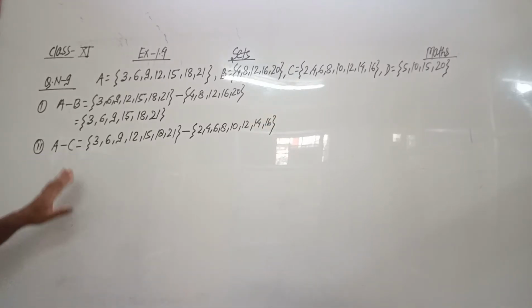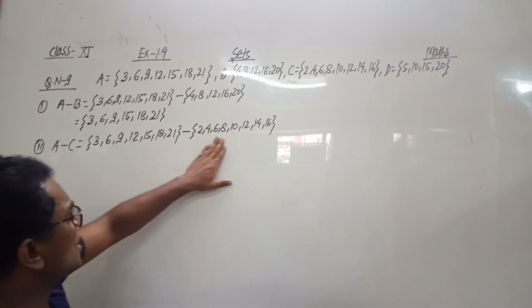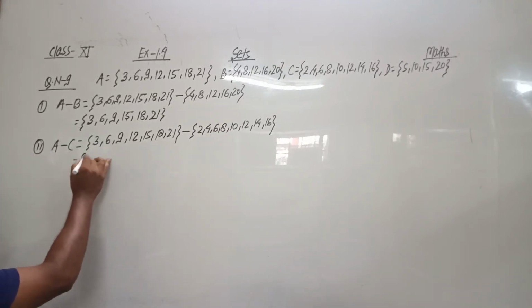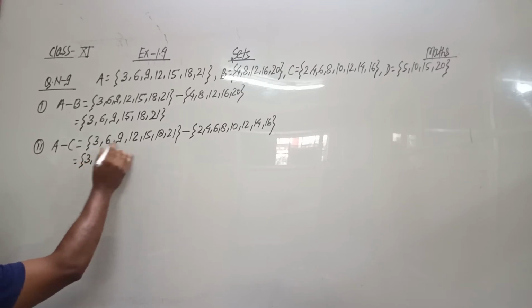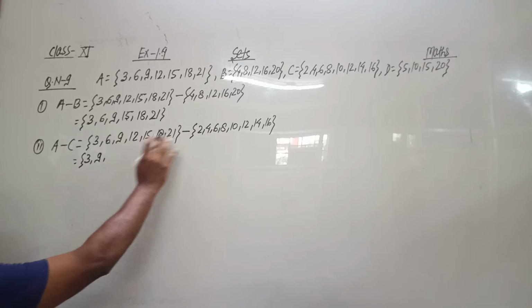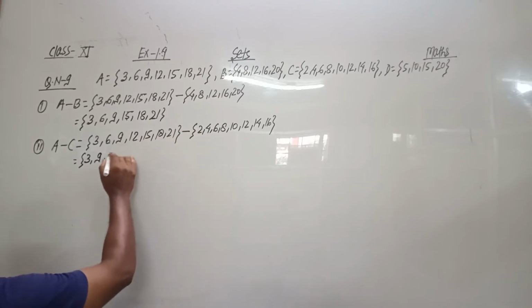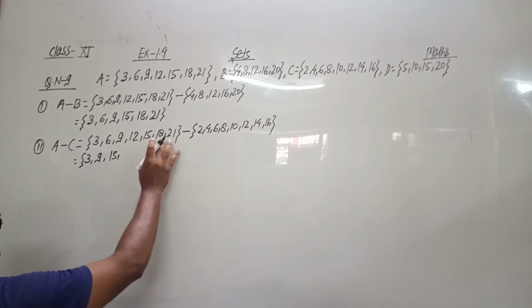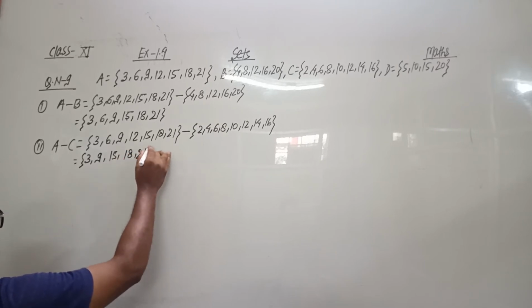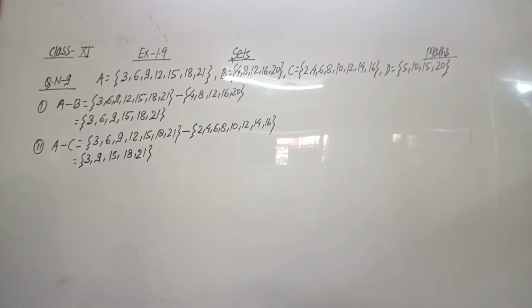So those elements of set A which are not in C: first is 3, then 6 is available in C, 9, 12 is available, 15, then 18 and 21. This is A minus C.